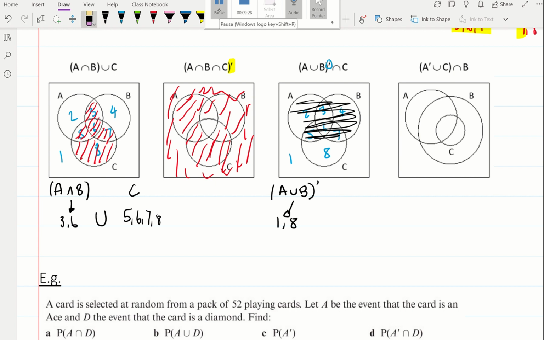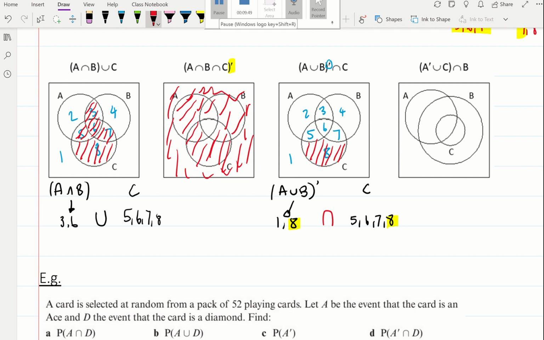Let me try and take my scribbles out. That's it. And then C is 5, 6, 7, and 8. And I want the intersection between these two. And that's just 8. That's the part I want.